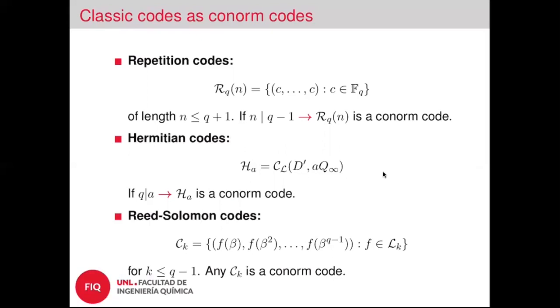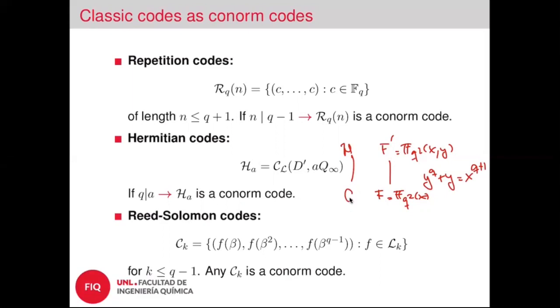For Hermitian codes, here we are thinking of F as the rational function field over F_{q^2}, and F' is now an extension where y satisfies y^q plus y equals x^{q+1}. We have a code C here, and the conorm code we call H in the extension.